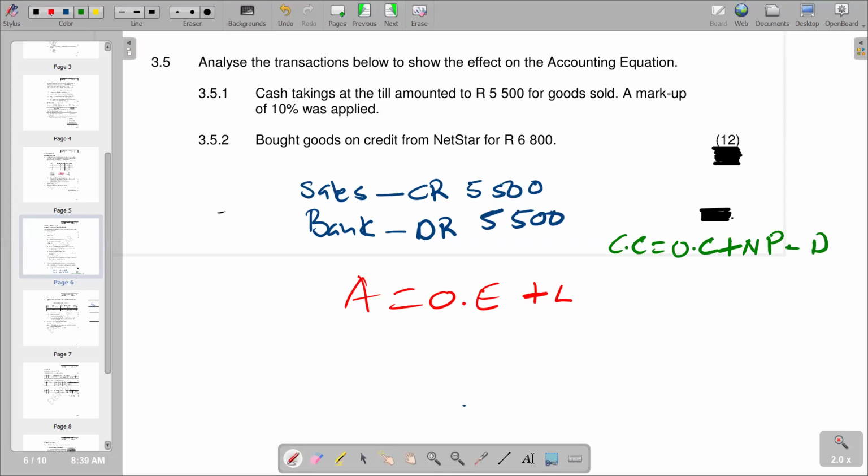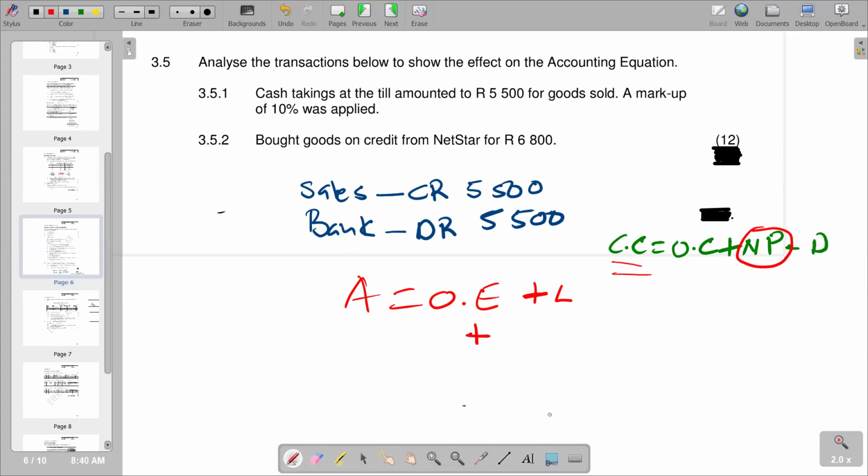So in particular, it increases our closing capital figure. Sales mean our net profit is going to increase, which is also going to increase our capital balance, which is part of our owner's equity. So basically, this is going to be a plus on owner's equity.